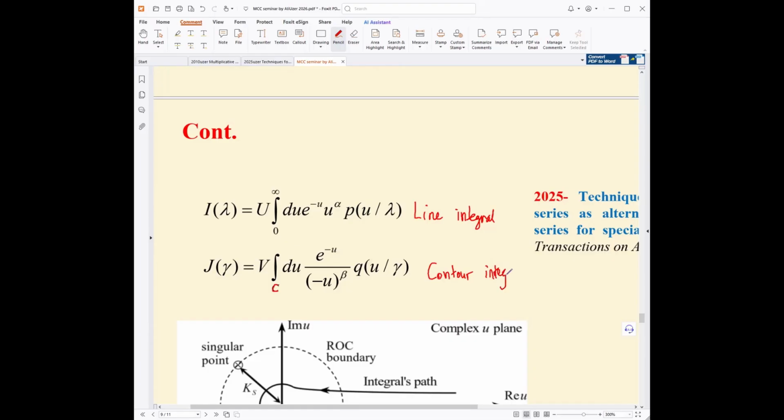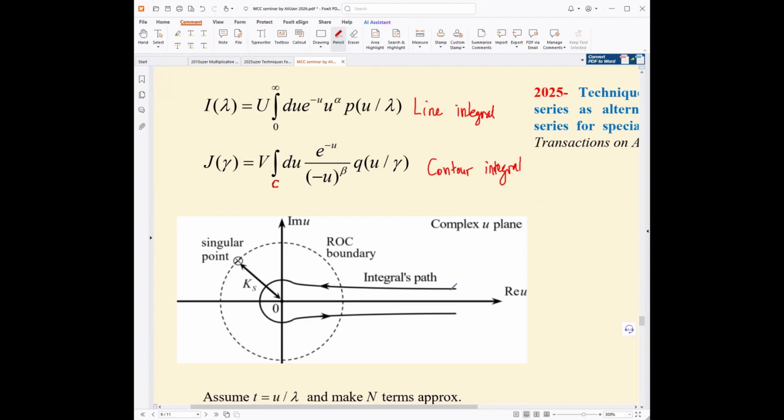The contour integral has a shape like this. If you are familiar with this type of contour integrals, it is a contour that starts at plus infinity, then swings around 0 and goes back to infinity. This is also called Hankel's loop in the literature, Hankel's loop integral.